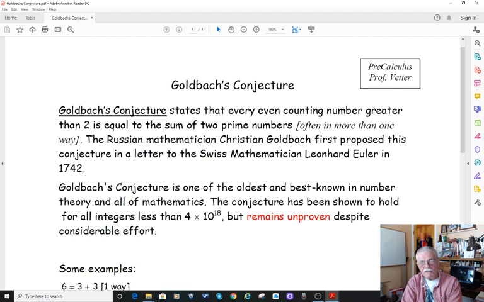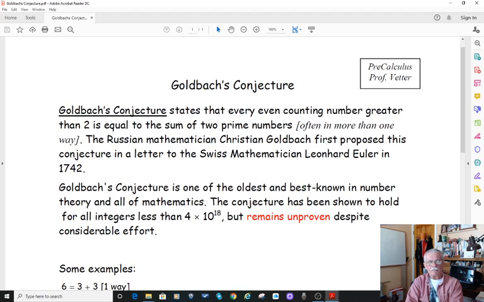And this is something that has puzzled mathematicians for almost 300 years. So let me tell you a little bit about it. I think it's interesting, and it's one of the reasons why I really love mathematics.